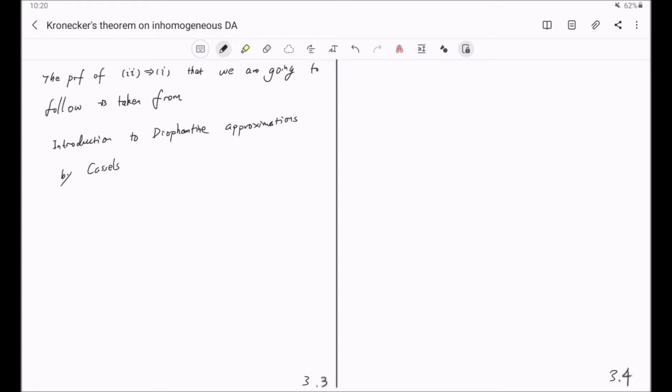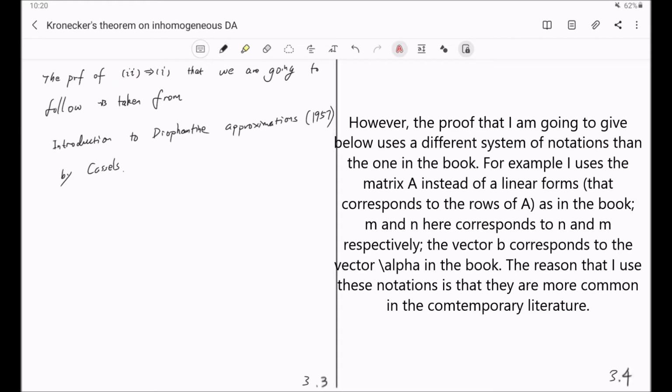This is published in the year 1957. And the proof of this direction involves a lot of lemmas, which we are going to develop one by one. And I should make it clear that this is in chapter 3, section 5 of the book.